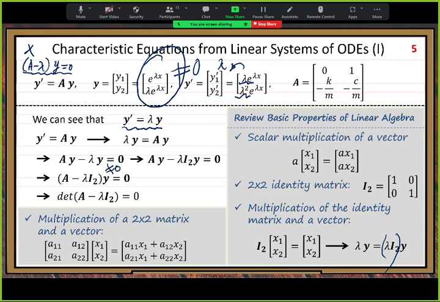A 2 by 2 matrix multiplying a non-trivial, non-zero vector equal to 0, then there is a theorem that tells us the determinant of that 2 by 2 matrix must be 0.